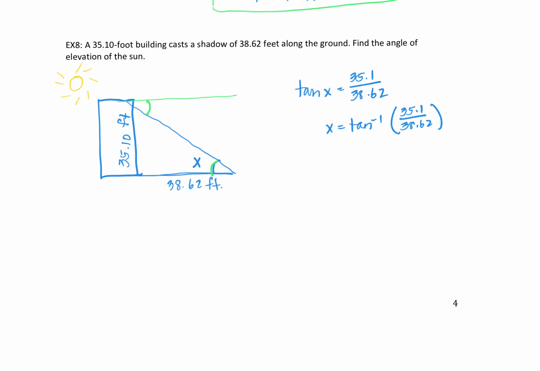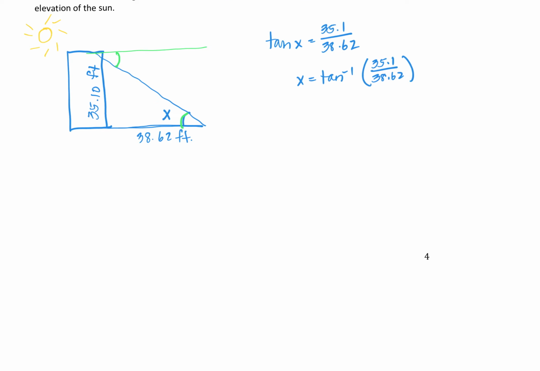And once we put that into our calculator, I have that x is approximately 42.266. I'm going to stop there because I'm doing 4 significant figures, but let me just double check one time.